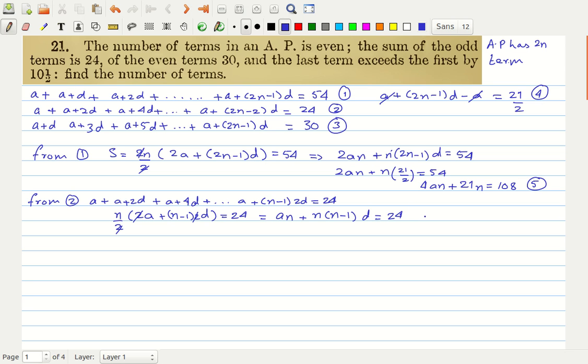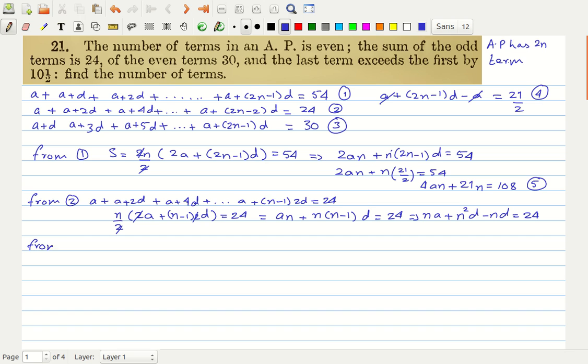So na plus n squared d minus nd is equal to 24, right?